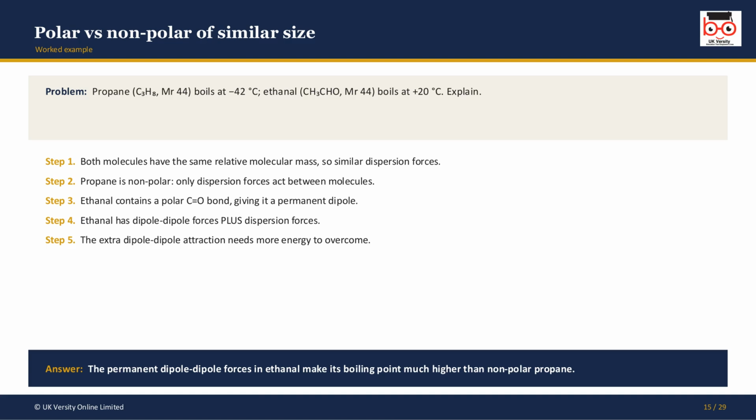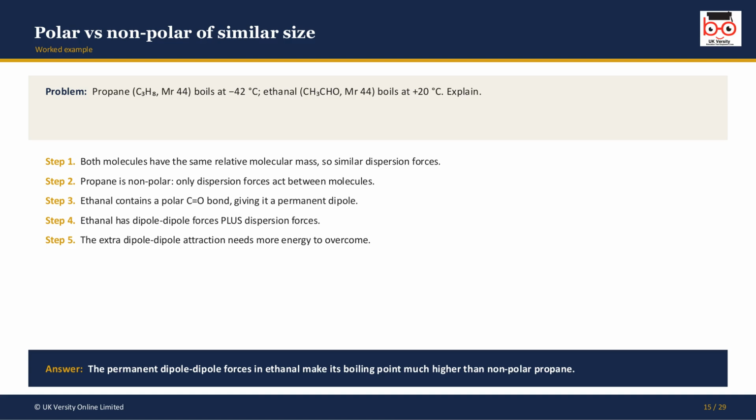Here's a revealing comparison. Propane, C3H8, with a relative molecular mass of 44, boils at minus 42 degrees. Ethanal, CH3CHO, also with a relative molecular mass of 44, boils at plus 20 degrees. Why the difference? Both have the same relative molecular mass, so similar dispersion forces.